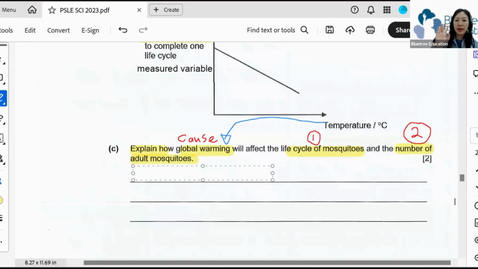So first, I will write down, okay, global warming, right? So how will it affect? So I can see that when the temperature is very high, okay, from the graph above, let's go up first.